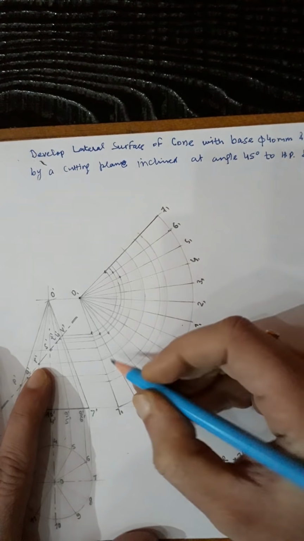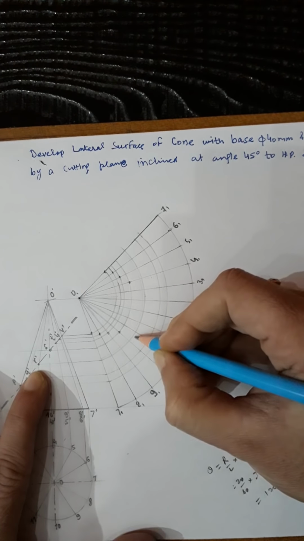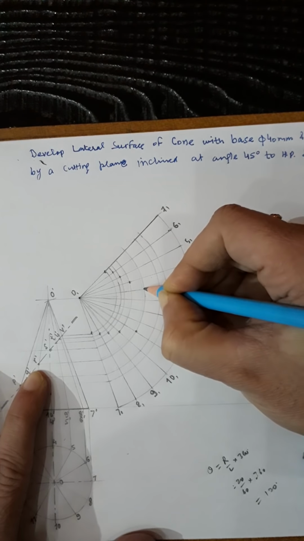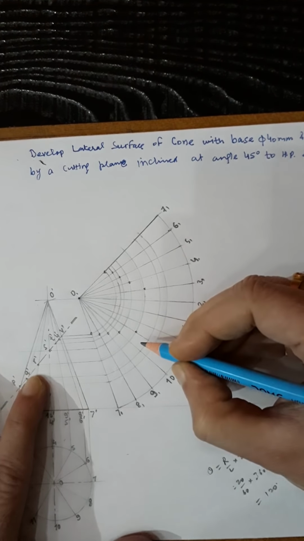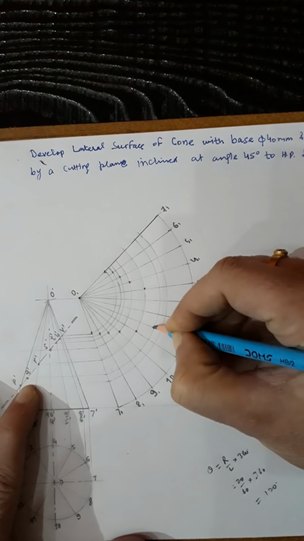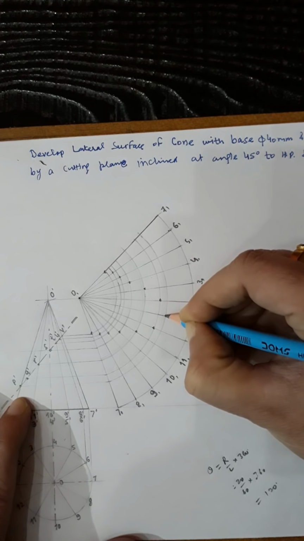Okay, this is 10 and this is 4, and R is lying on 11 and 3. Then Q is lying on 12 and 2, and P is lying on 1. So these are the points.